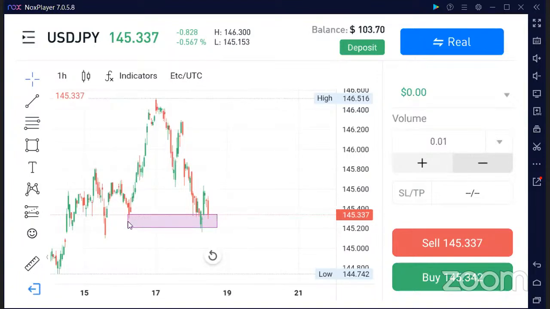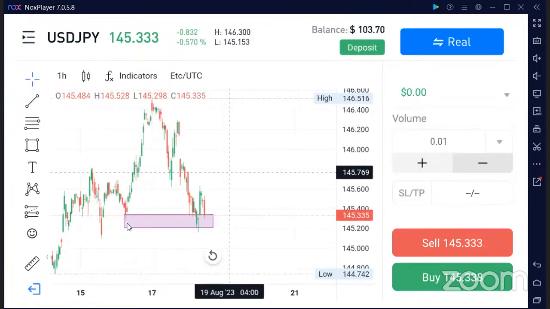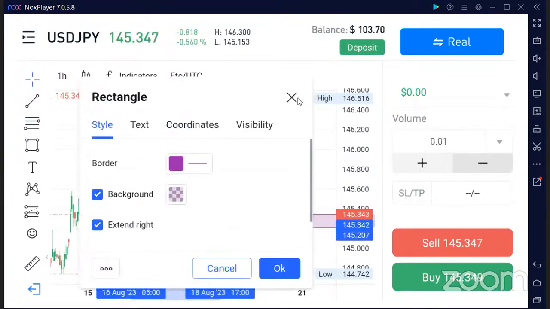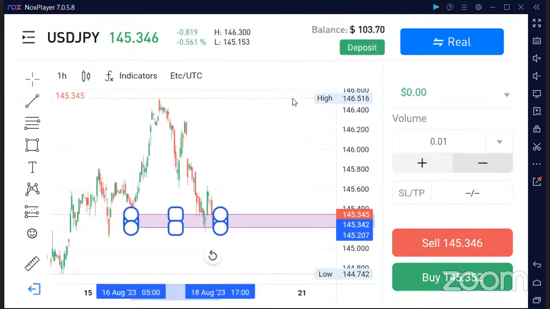Okay, so let me try and drag this rectangular box we have here. Sorry, I think I double tapped on it again. Okay.